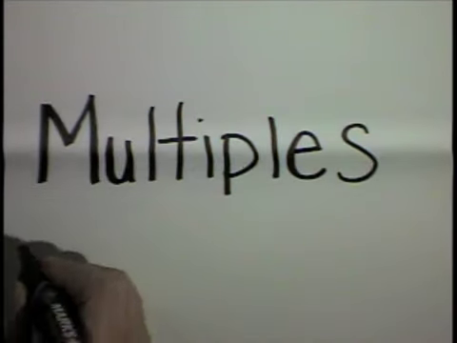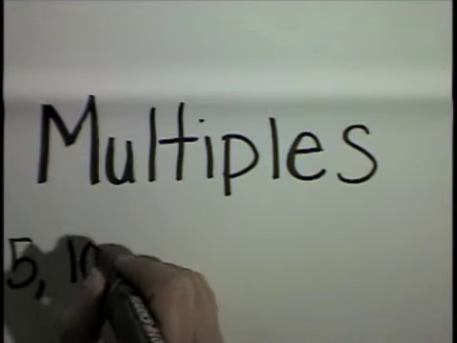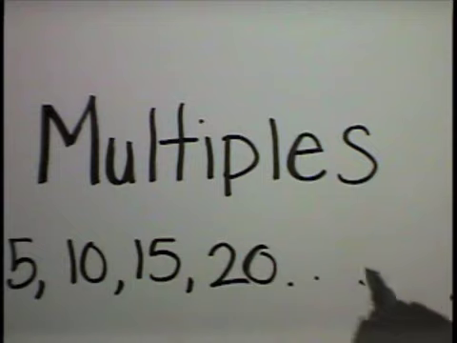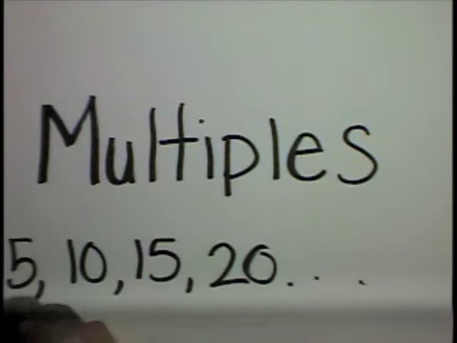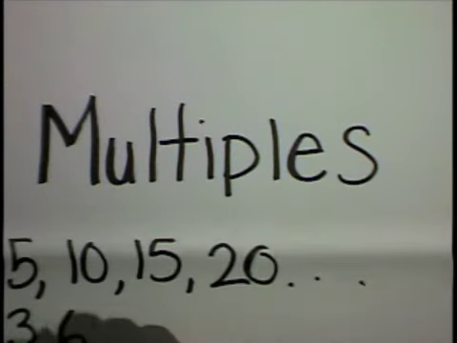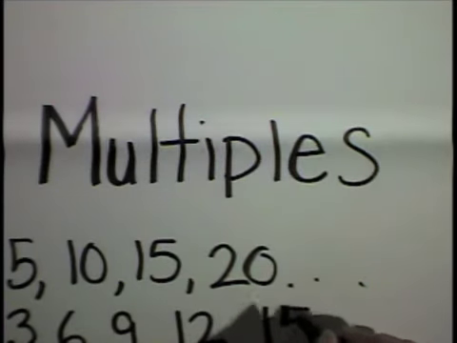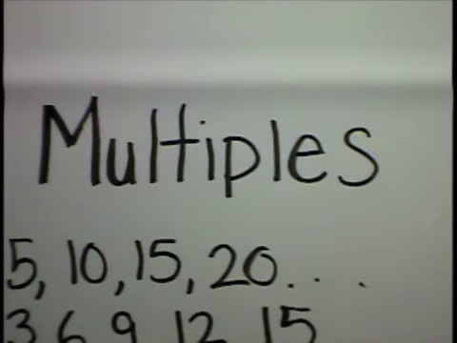Multiples of 5 would be 5, 10, 15, 20, and so on. Multiples of 3 would be 3, 6, 9, 12, 15. So as we start looking at the vocabulary, that will also help our students because math has its own vocabulary.